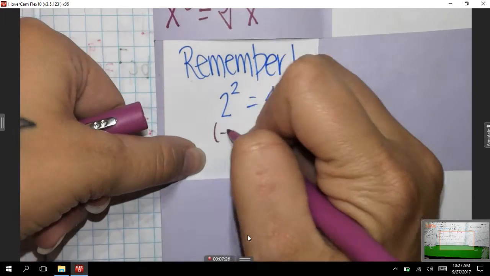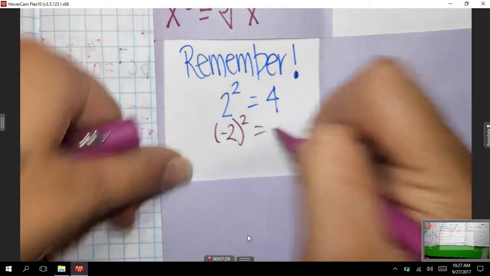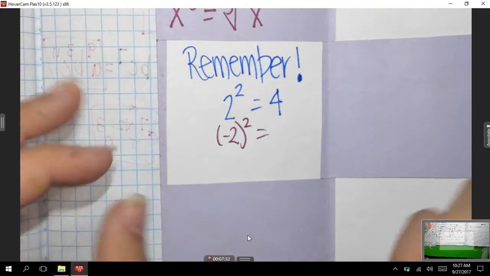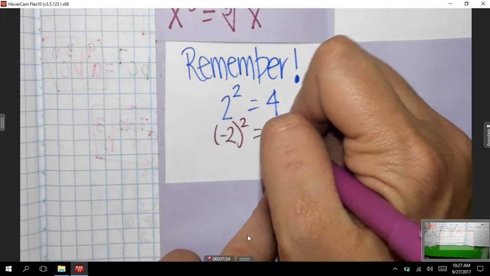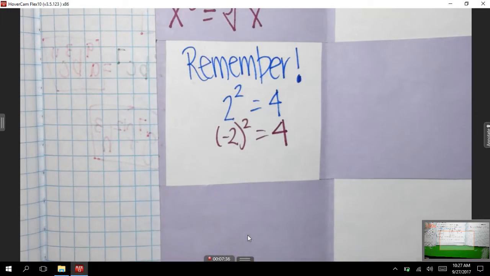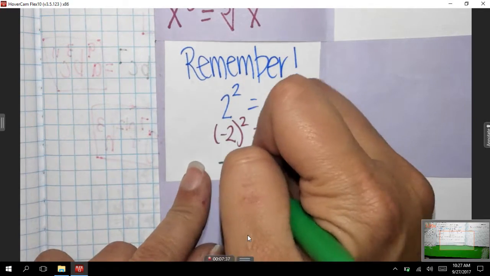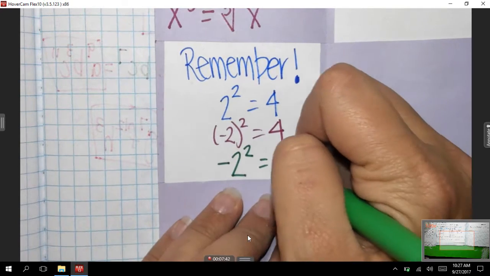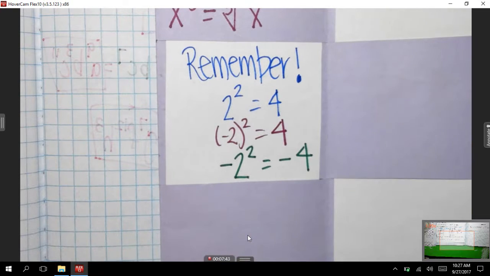And if I have a negative number, negative 2 squared, when it's in parentheses, what does that equal? 4. But if I plug into my calculator negative 2 squared without parentheses, that gives me negative 4. So watch your negatives. If you plug it into your calculator, you must use parentheses.